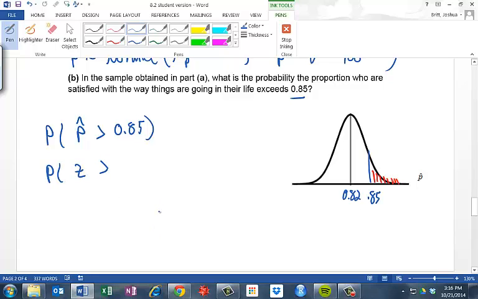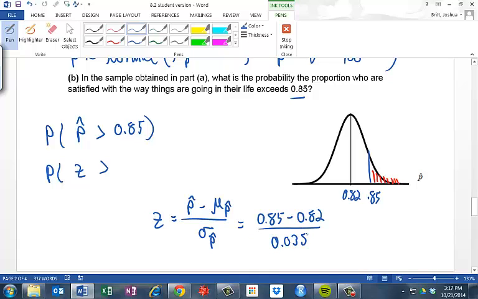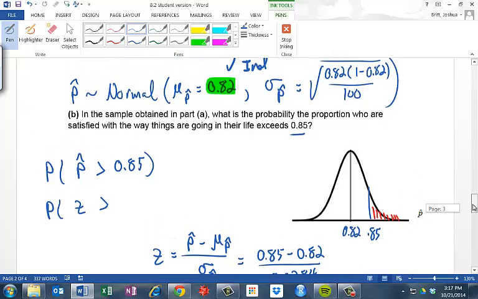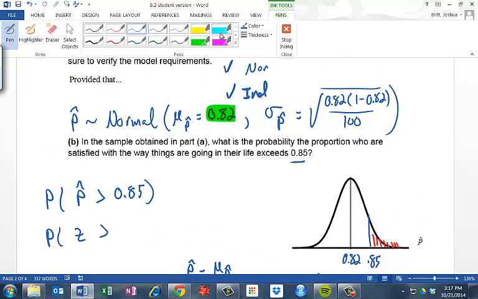So let's go ahead and do that. So z equals p hat minus mu p hat over sigma p hat, 0.85 minus 0.82 over 0.0384, which is the standard deviation, which is what you should get from this value here.